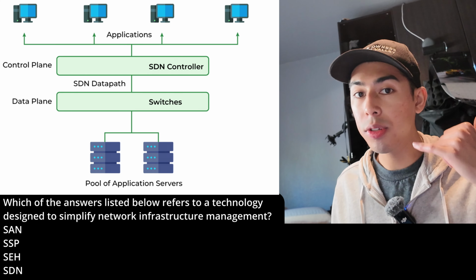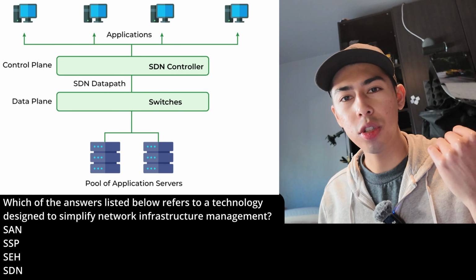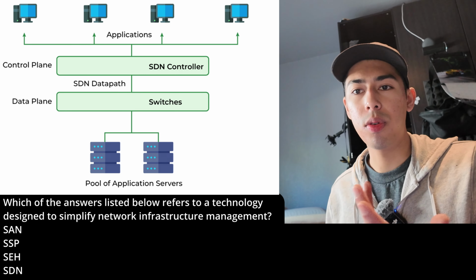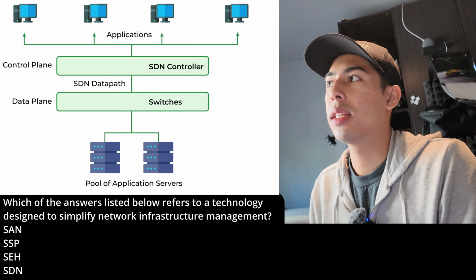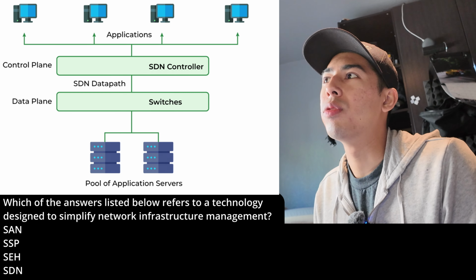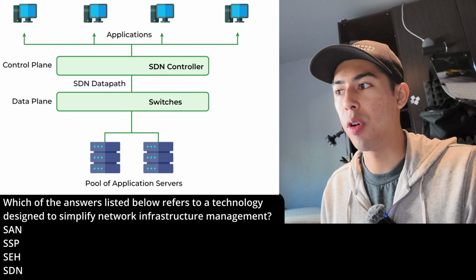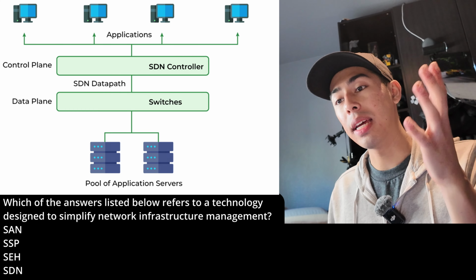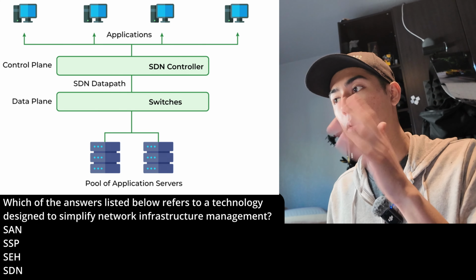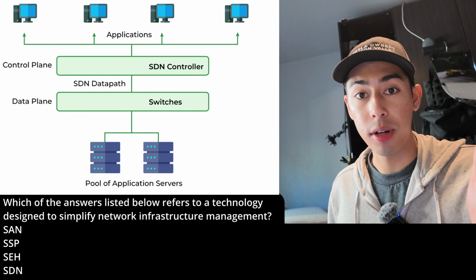It's used for call setup and routing in traditional phone networks, so it's not generally for general network infrastructure management. SSP, I like to think of SIP because phones can run on SIP. If you've ever heard of phone terminology, if not, that might be confusing. So just know that SSP is a service switching point for telecommunications, not infrastructure networks.